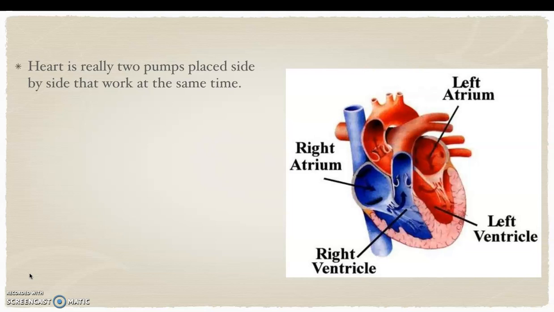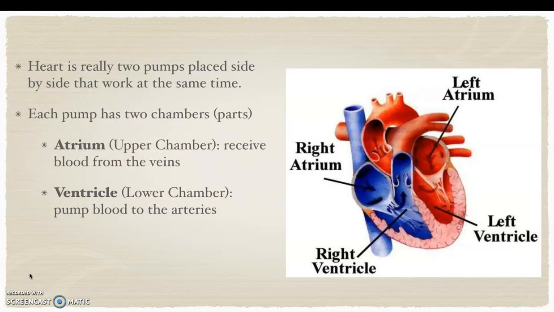But in those two parts, again, it will be divided into two other parts. So each pump has two chambers. We have the atrium, which is the upper chamber. The atrium will receive blood from the veins, and then we have the ventricle, the lower chamber. It will pump blood to the arteries.